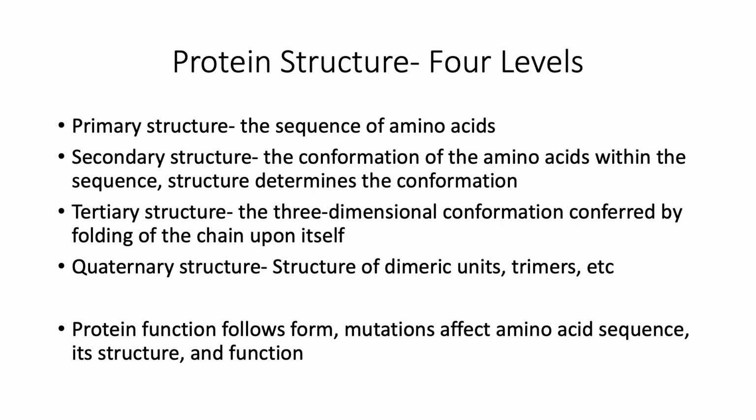Thirdly, there is a tertiary structure, and this is a three-dimensional conformation conferred by folding of the chain upon itself. So as the strand of the amino acid sequence occurs, it will fold on itself, and this is why you get proteins that, if you look at them under high resolution, have a globoid, globular appearance.